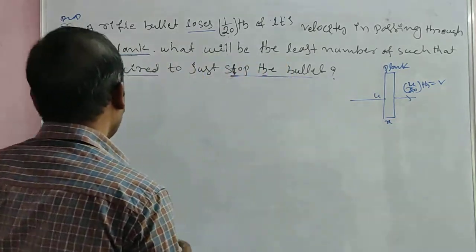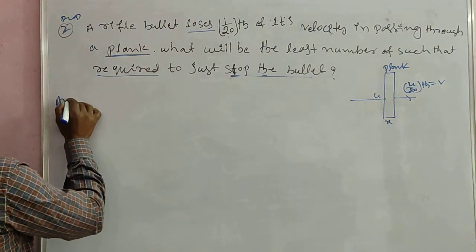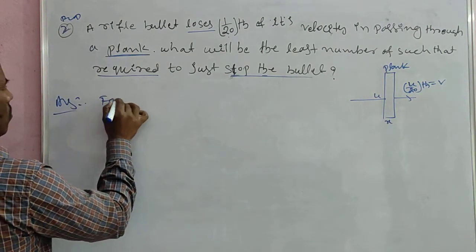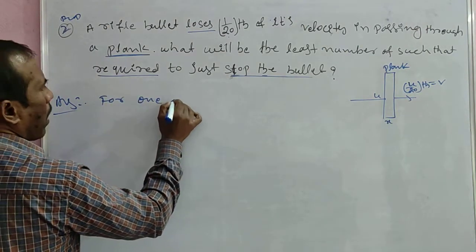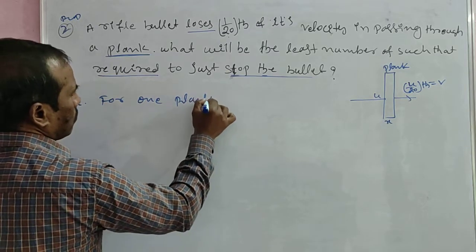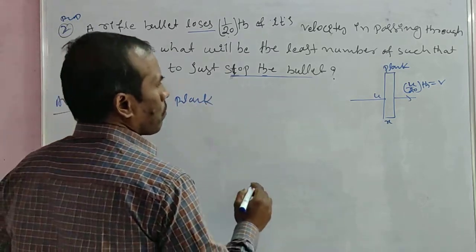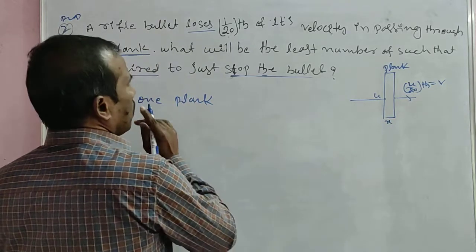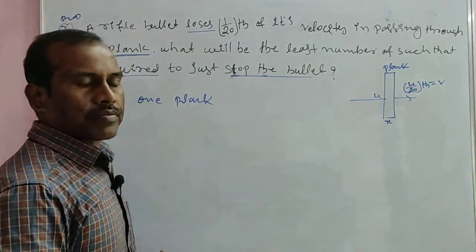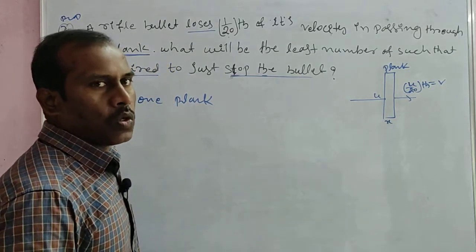So for one plank, the formula is v square minus u square is equal to 2as.